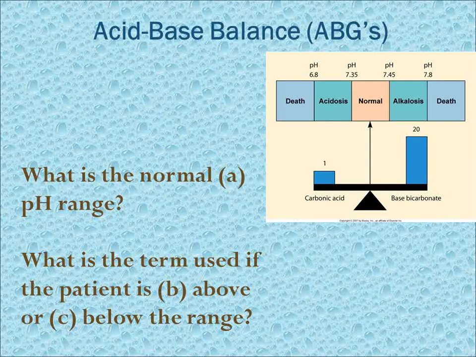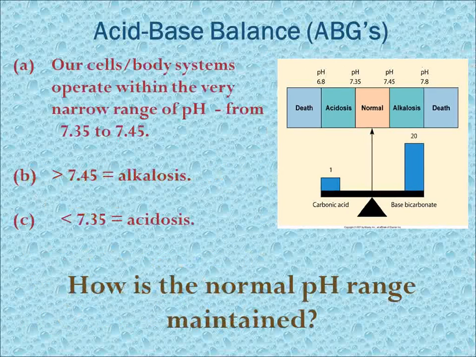So what is the normal pH range, and what is the term used if the patient is above or below that range? So if we think about it, when we said that acid was at its most at a 1 and then alkaline at a 14, it would seem to be reasonable that the body's pH would be right smack in the middle at 7, and that's just not the case.